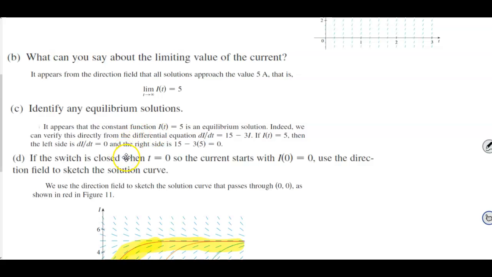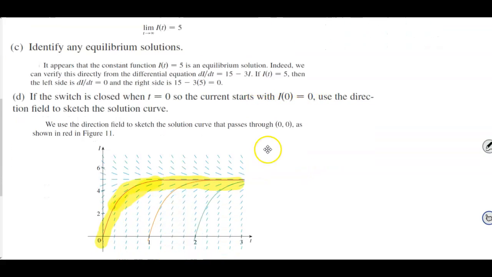In part D, if the switch is closed when t is equal to 0, so the current starts with I of 0 equals 0, use the direction field to sketch the solution curve. So if we know that the input is 0 and the output is 0, that means the ordered pair is (0, 0), which means the solution curve should pass through the point (0, 0).